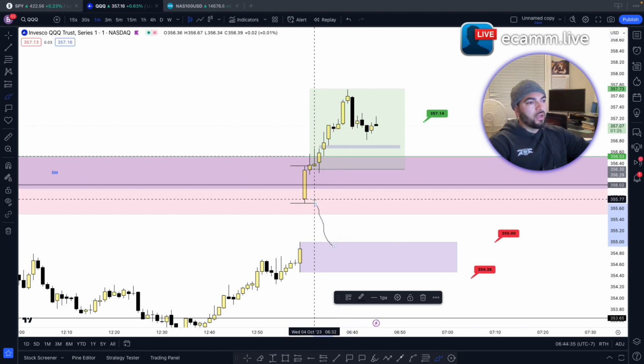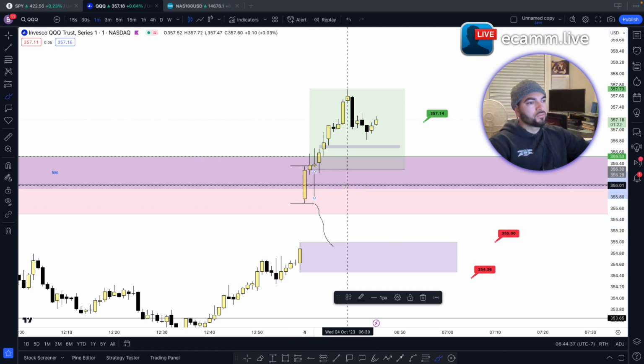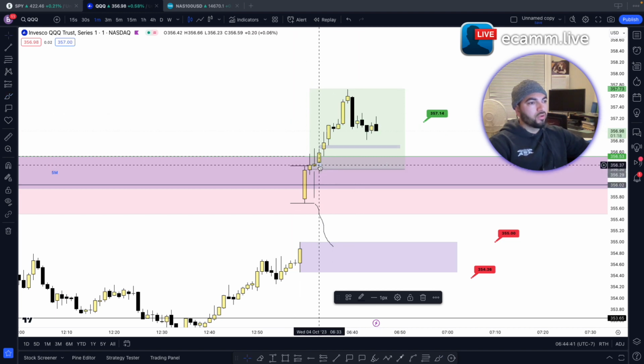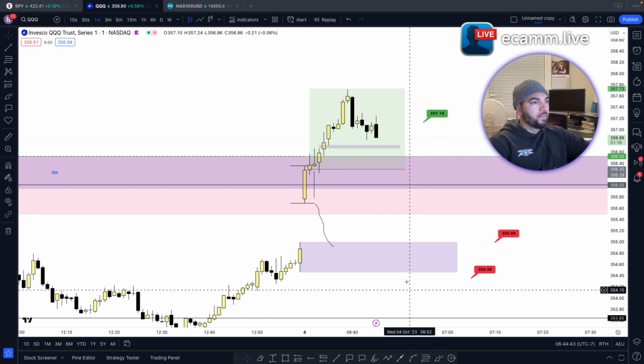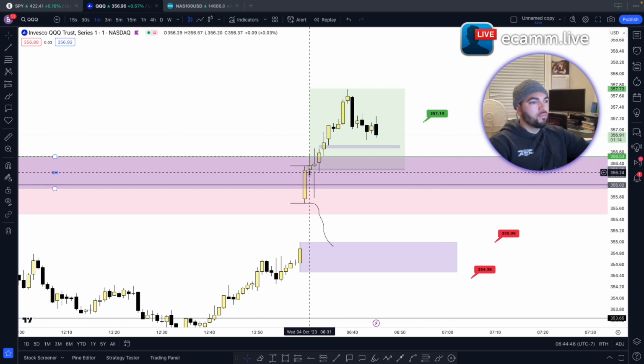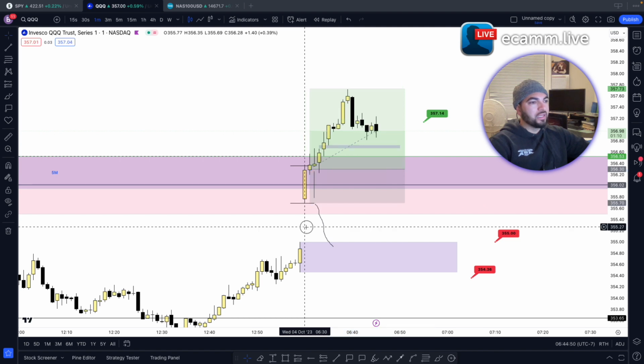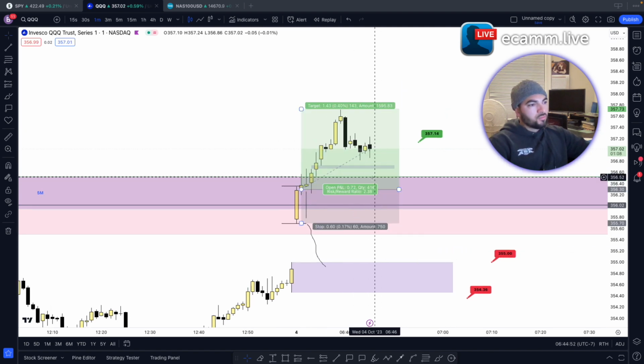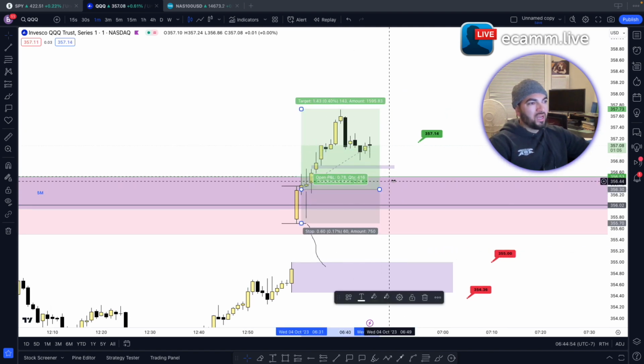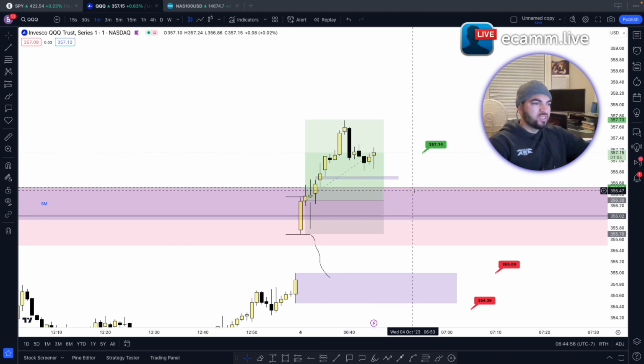So I identified the momentum, placed my stop loss. So I had a 60-cent stop loss. I ideally don't like to go bigger than, say, like a 60-cent stop loss.